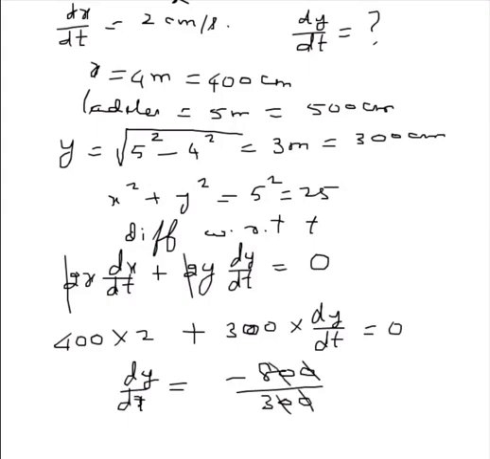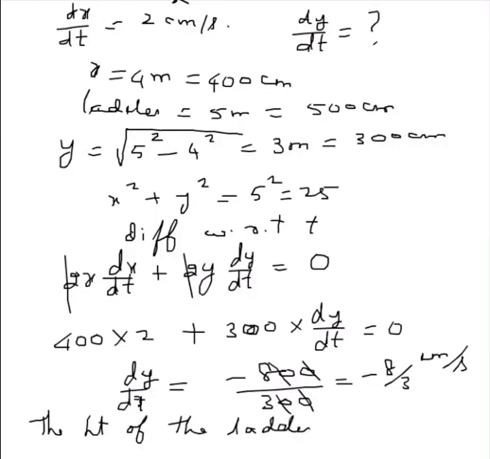The negative sign indicates that y decreases as t increases, and the unit will be centimeters per second. So you have to write the height of the ladder on the wall decreases.